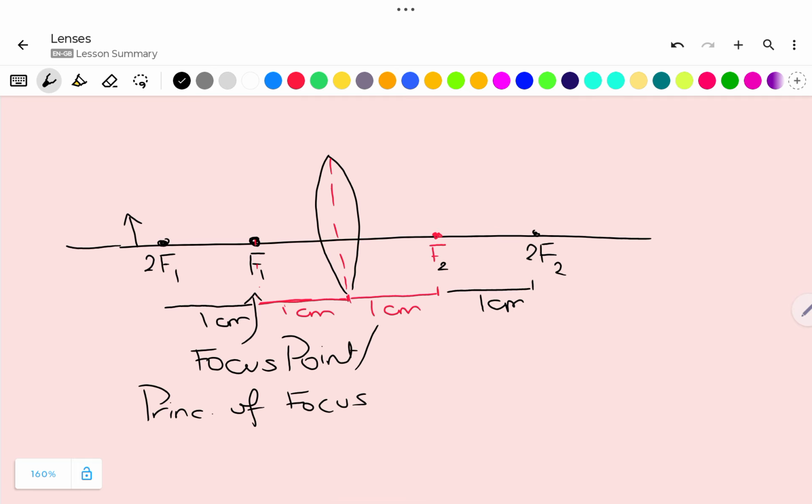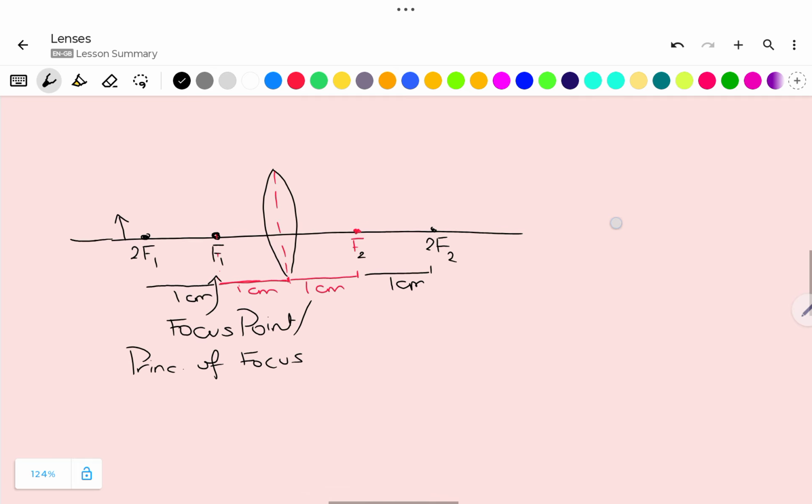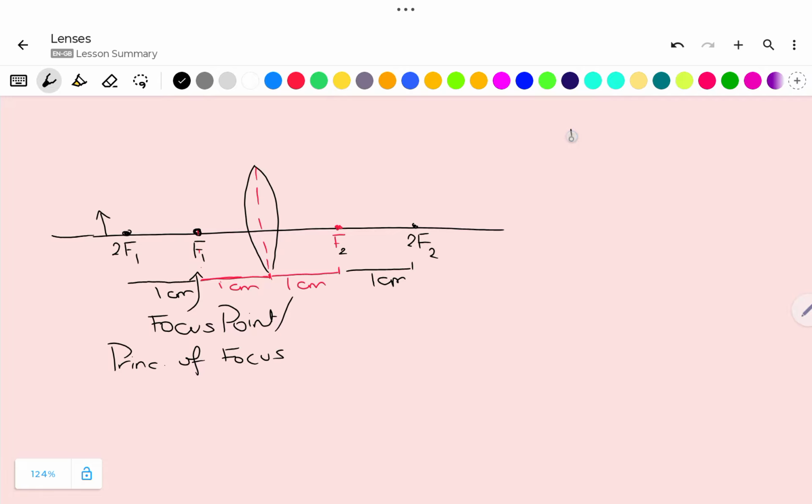Okay, we need to learn the steps we're going to do. Always we're going to do 3 steps. Number 1, since we know that this is the object and we need to draw the image, first thing we need to do is we're going to draw a line parallel to the surface.